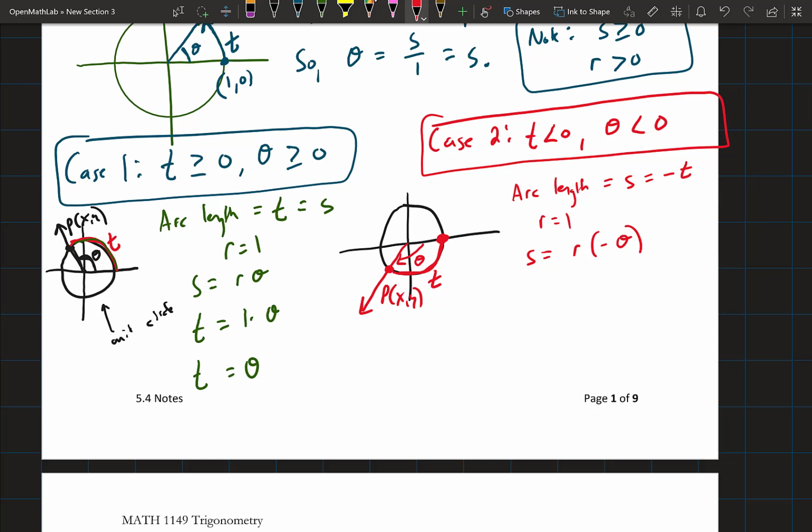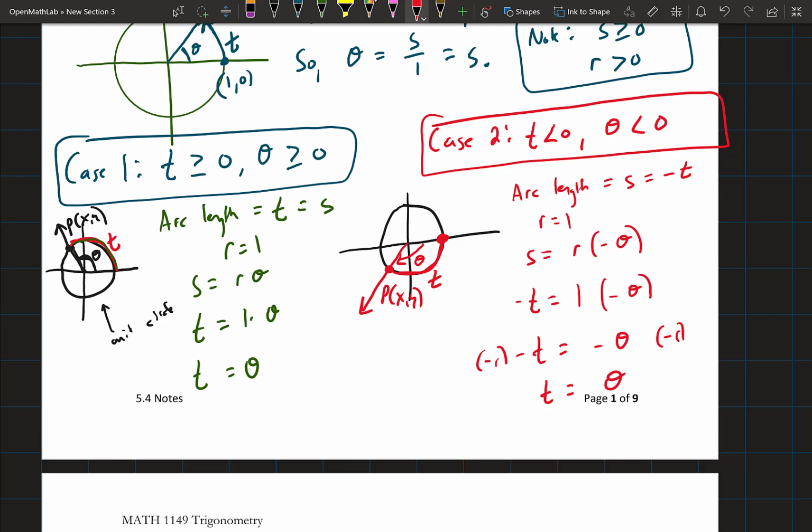So then, plugging in our unknowns, we plug in negative t for s, so we'd have negative t equals, the radius is 1, so we plug in 1 there, and then times negative theta. So then what we get is that negative t equals negative theta, so I can multiply both sides by -1, and we get t equals theta.